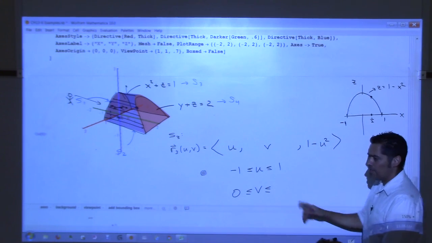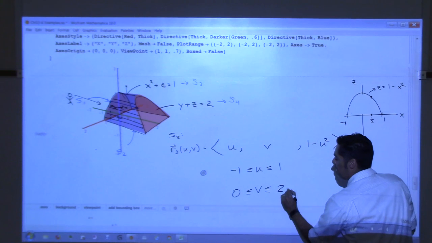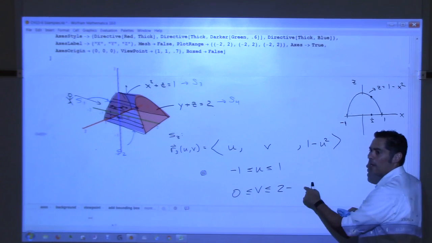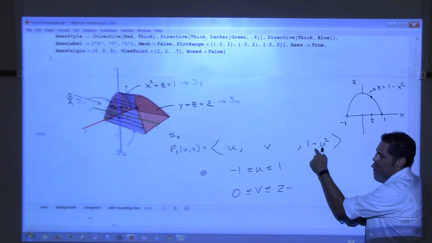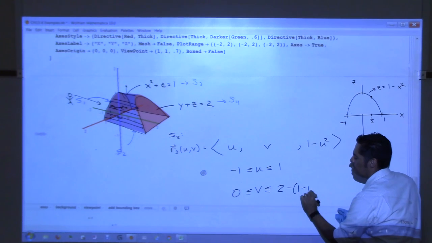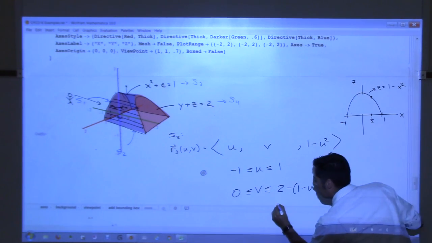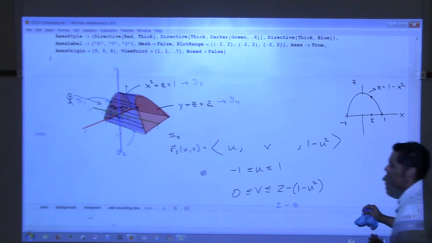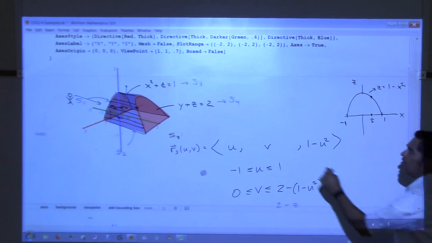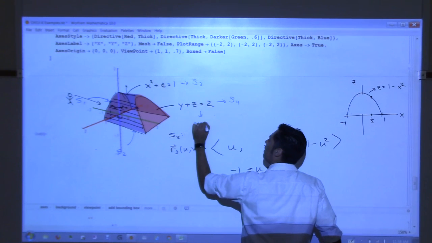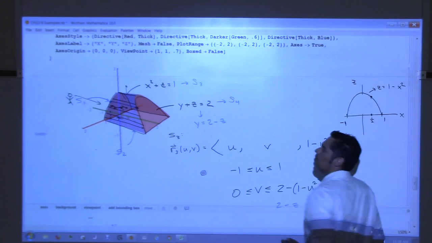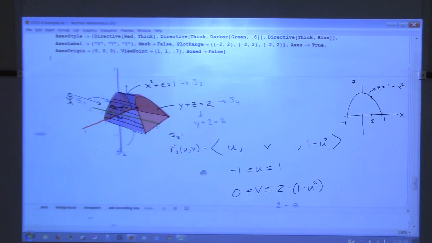So I want this to stop at 2 minus z. But what is z? This. 1 minus u squared. I know that that's tricky, but that's the way it is. 2 minus z. That is this thing solved for y. That makes sense? So let's check it.